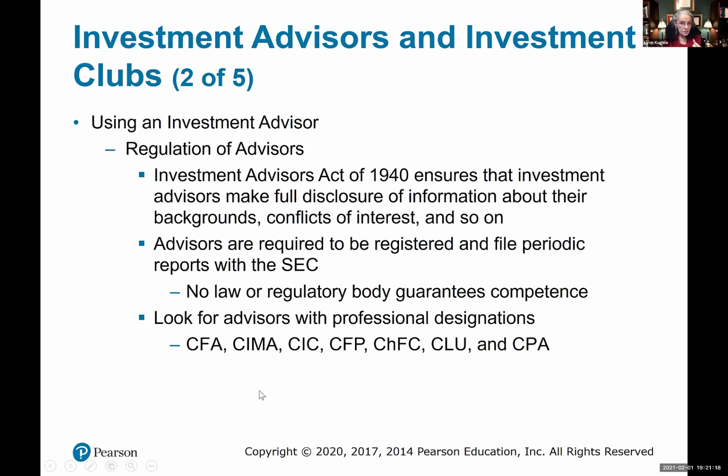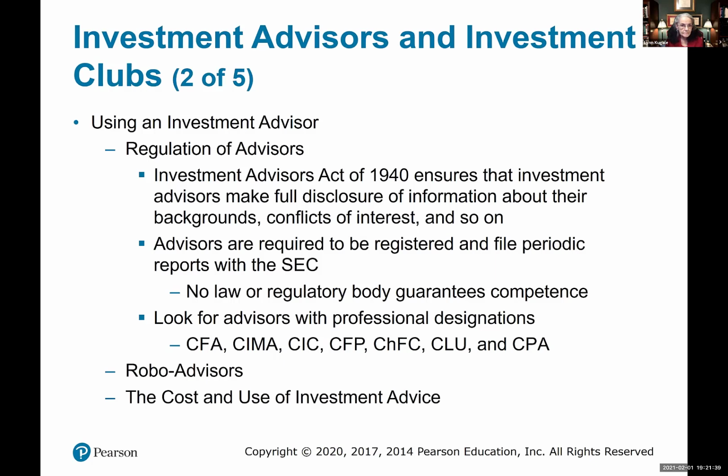CFA, Chartered Financial Analyst. All of these have taken extra schooling, had extra academic work specifically aimed at what they are advising on. They have to keep up each year, do extra work. They have a code of ethics. So you want to be sure you're dealing with someone like that.